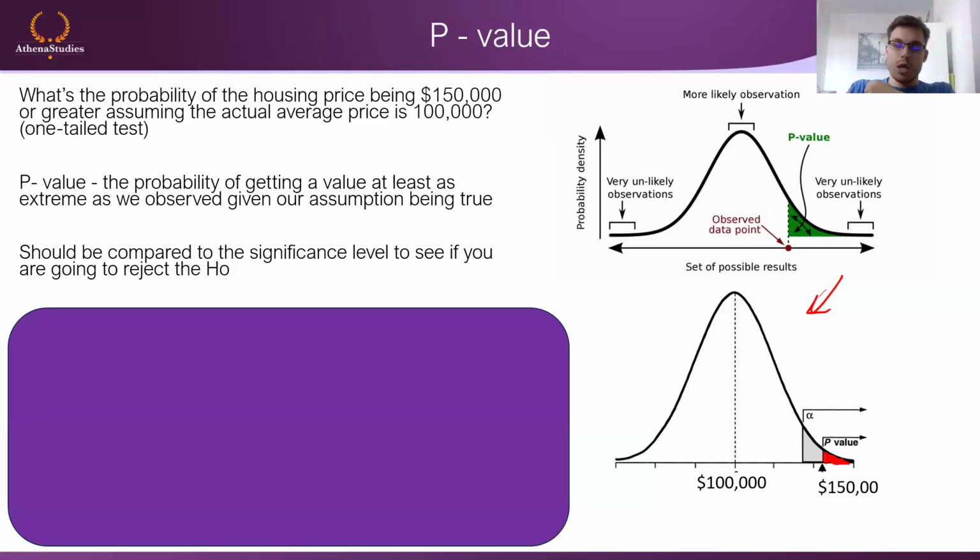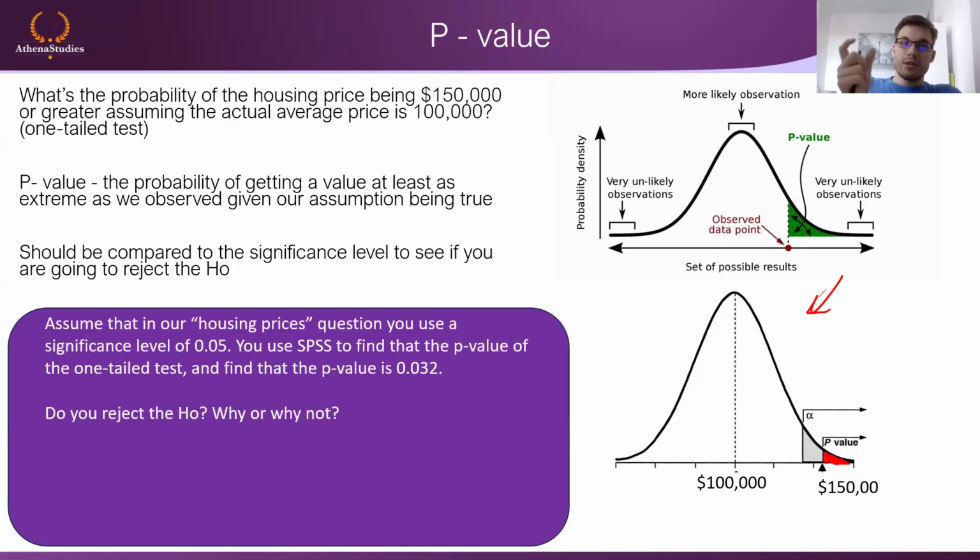Now, once we have this p-value, we compare it to our significance level, and if our p-value ends up being lower than our significance level, we get to reject H0. So let's see this question. Let's assume that for our housing prices question we use a significance level of 0.05.